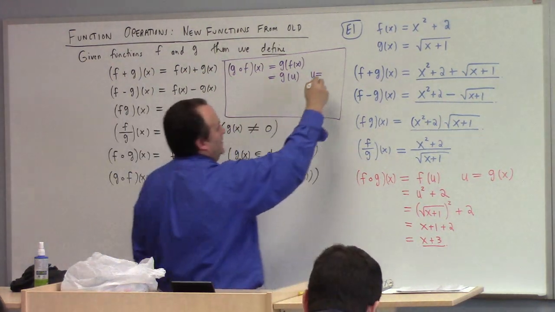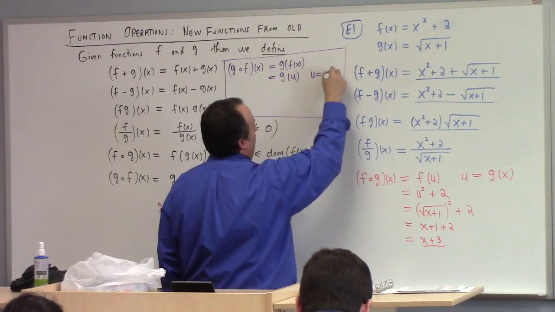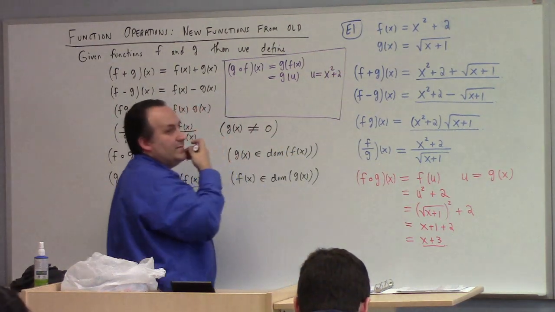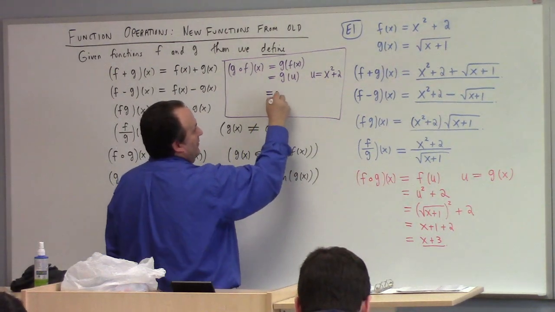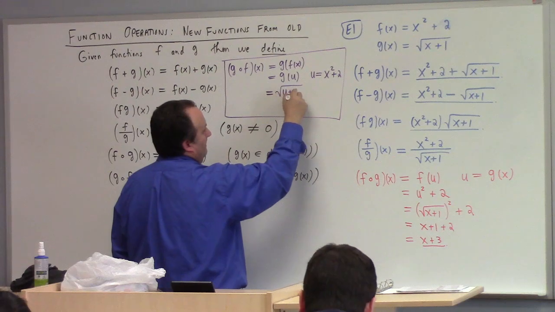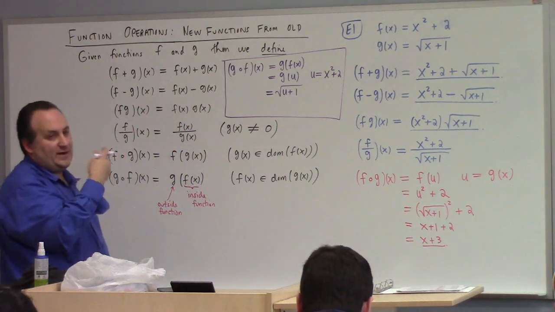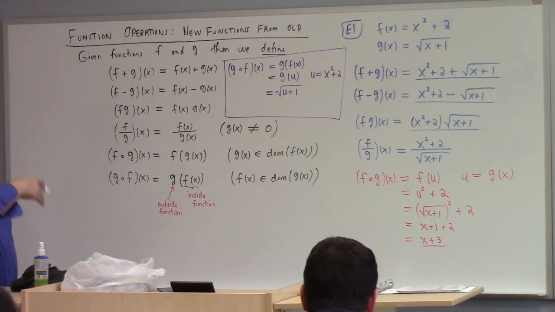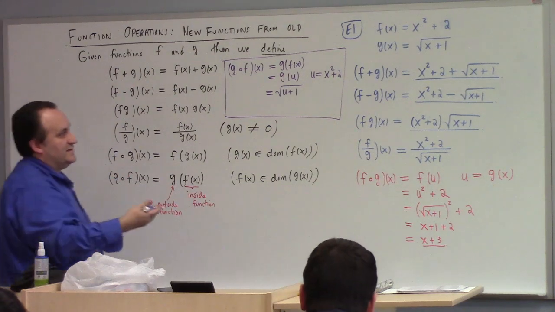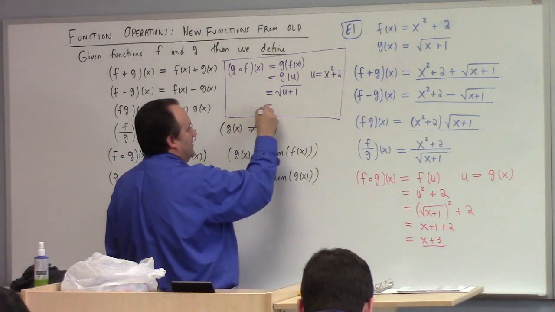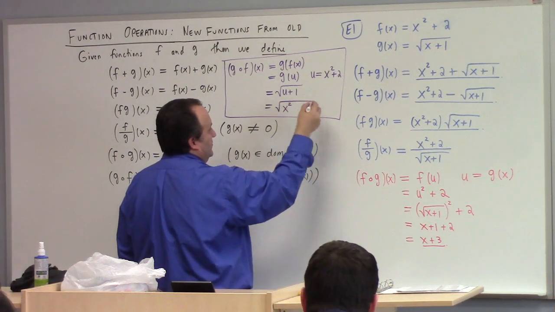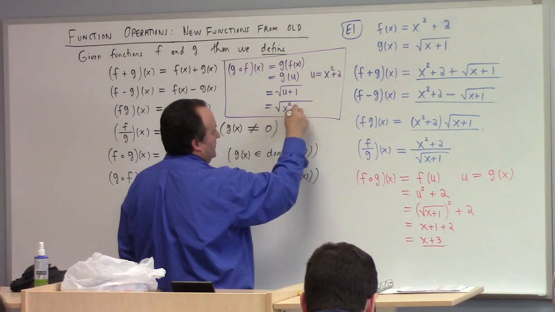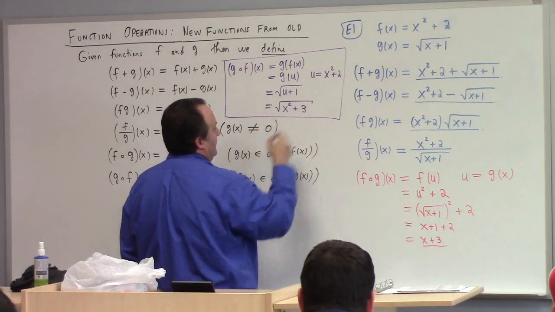It is x squared plus 2, right? So what is g of u? Well, g of u is the square root of u plus 1. Now, I don't want to leave it like that. I need to plug in what u is. It's x squared plus 2 in this case. So we end up with the square root of x squared plus 2 plus 1, which is the square root of x squared plus 3, right?